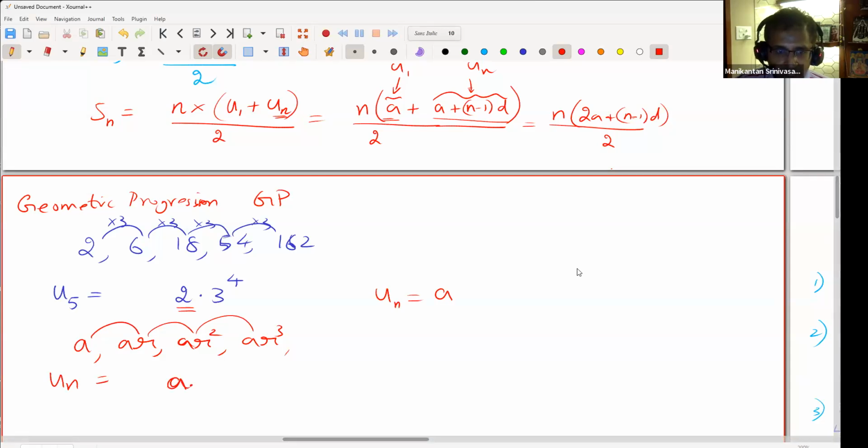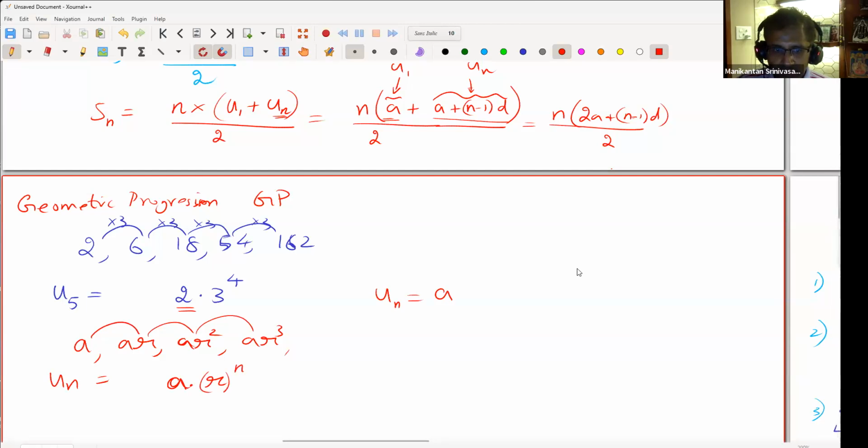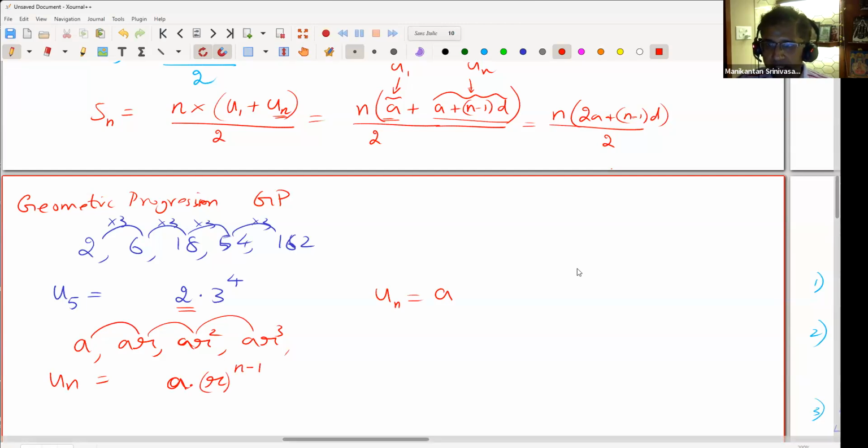Instead of 3, I'm going to write r, because that's the ratio by which you're multiplying. And then instead of 4, I'll write n minus 1. To reach the nth term, I need n minus 1 multiplicative hops. So that gives the nth term of a geometric progression. Let's check here. 2 times 3 power 4 is exactly what we got. 2 times 3 power 4 will be 162, the fifth term.